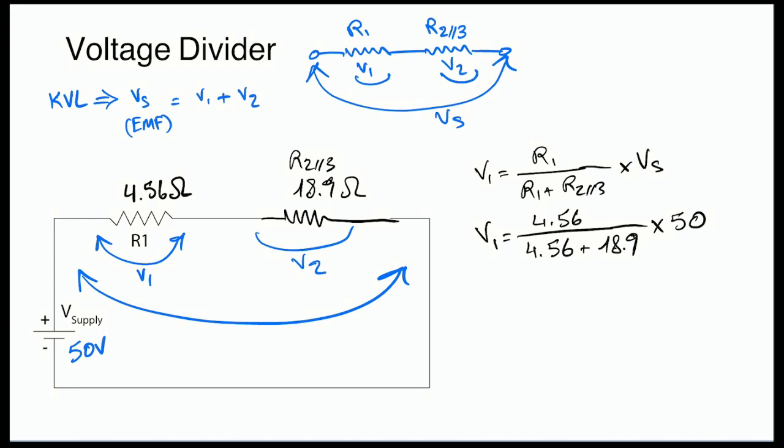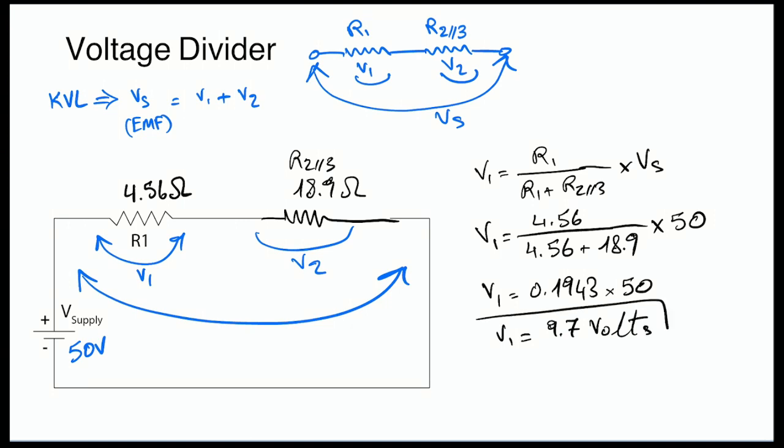And as a result, now V1 will be 0.1943, roughly. I'm just keeping 4 places here, multiplied by 50, and V1 is going to be 9.7 volts. So this is an example of how we can calculate the voltage drop on V1.